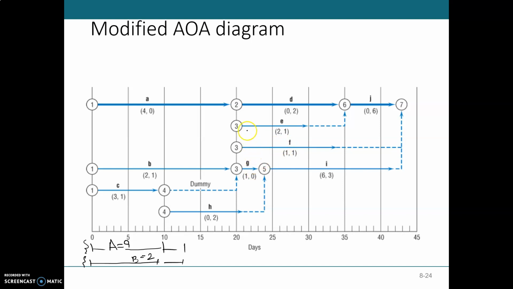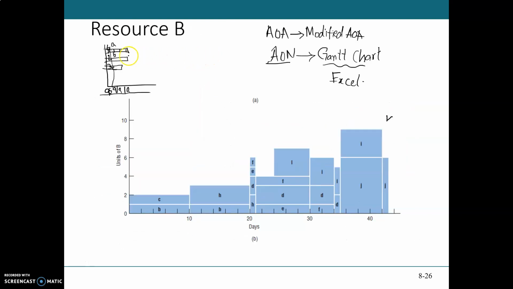Whereas in the Gantt chart you show the activities consecutively, so you don't have to overlap those certain activities at the same level. You can show the activities at different levels.